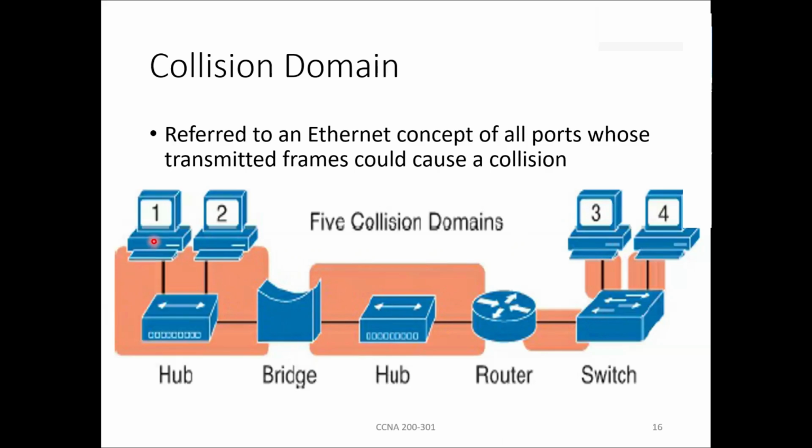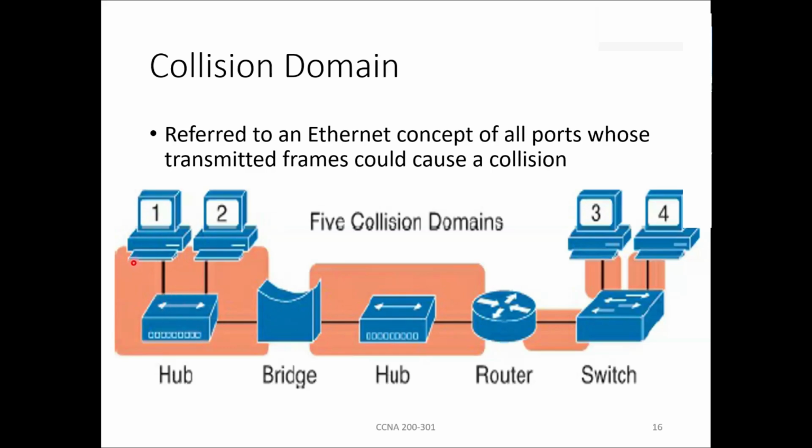That means if you do something, all other devices in the hub know about that as well. So if PC3 sends something to PC2, PC1 will get that frame as well, which is unnecessary because PC1 doesn't need that frame.